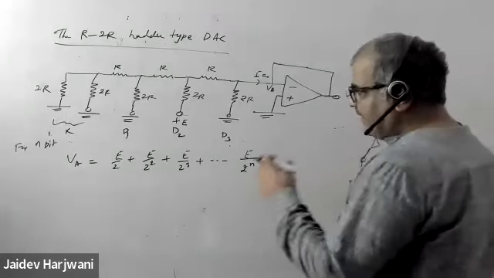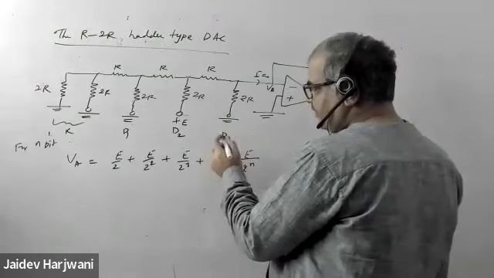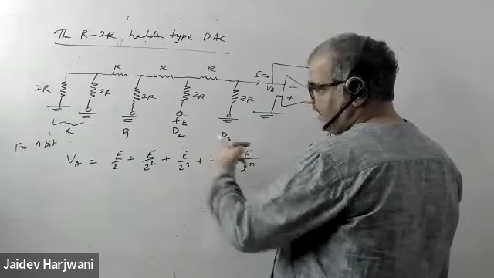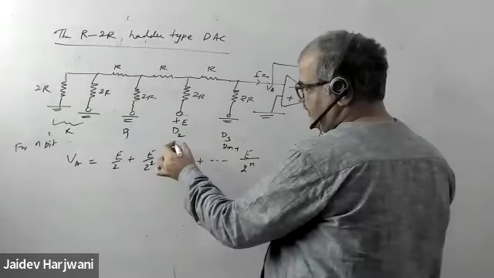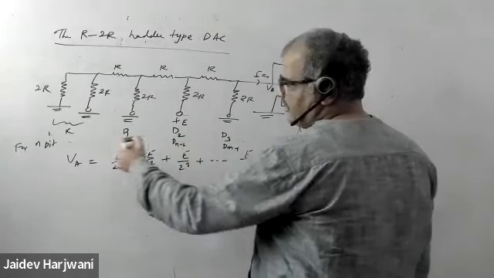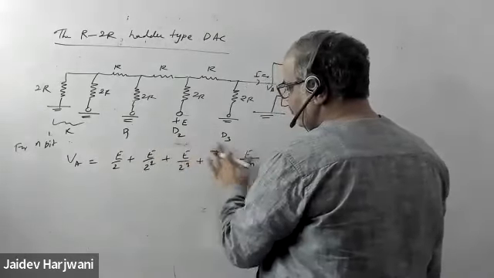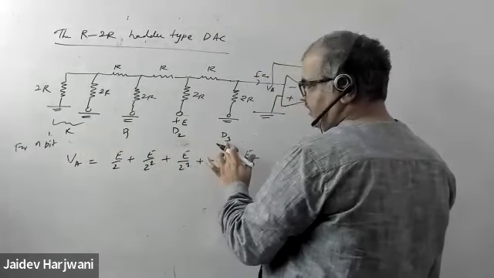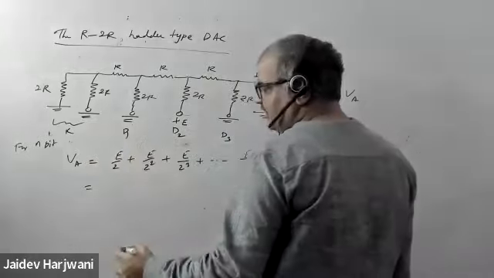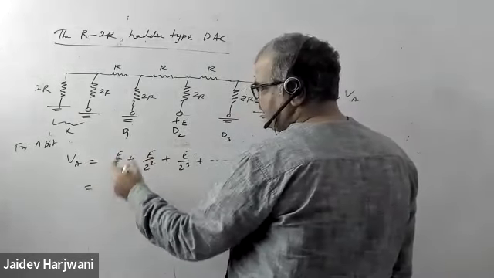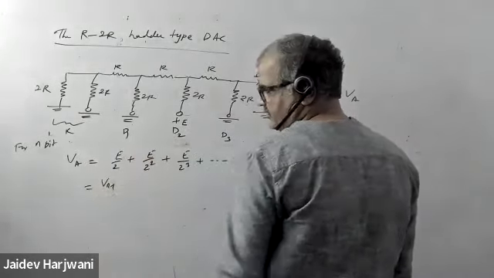Now here, what did I put? This is my dn. If it is an n bit counter, this is my dn minus 1, and this will become dn minus 2. So this is a 4-bit counter, and this is my dn minus 1. So instead of E, if I say at MSB I am applying Vn minus 1 voltage.